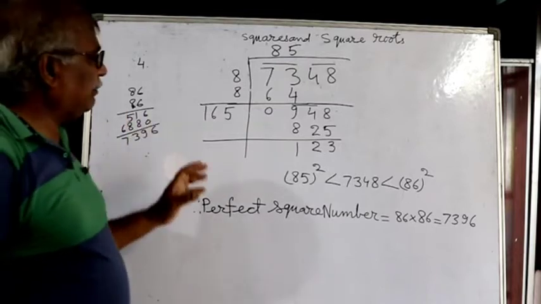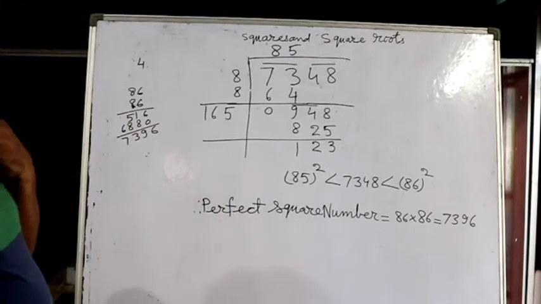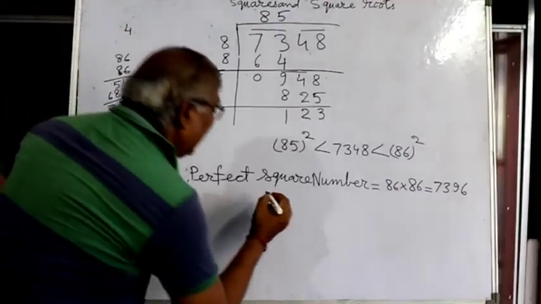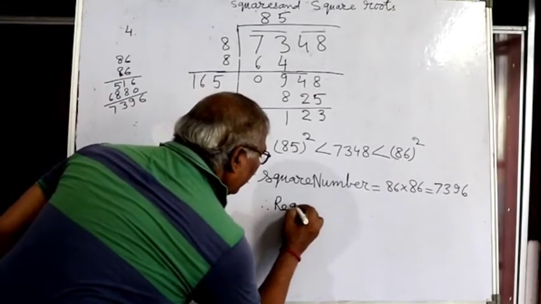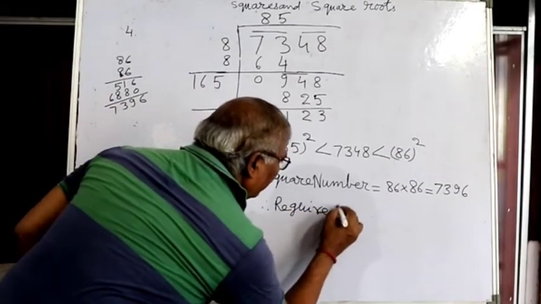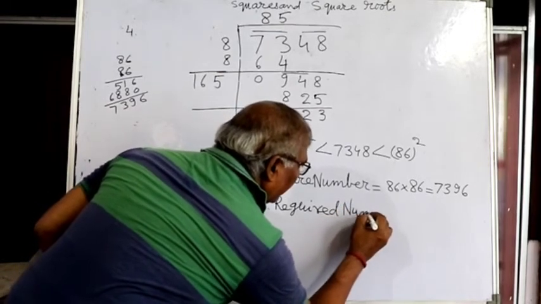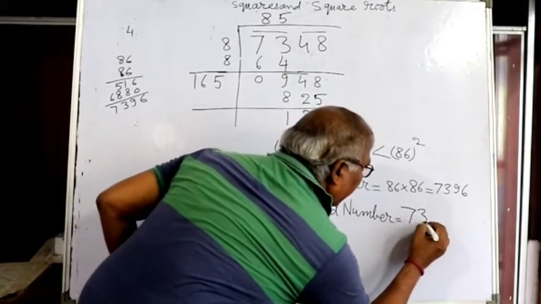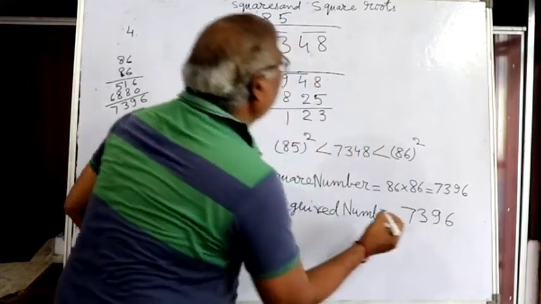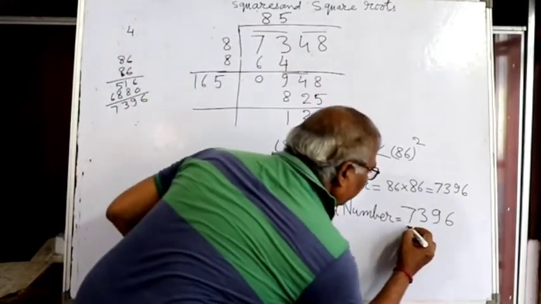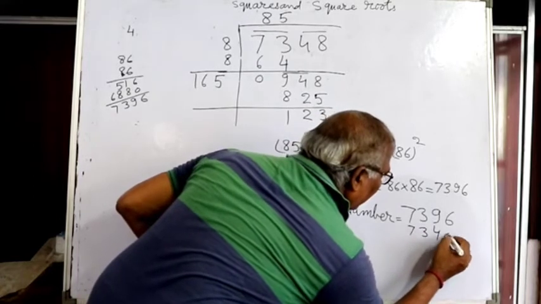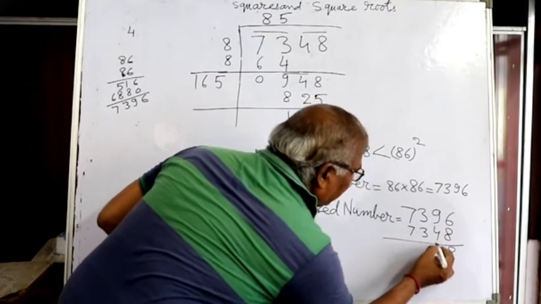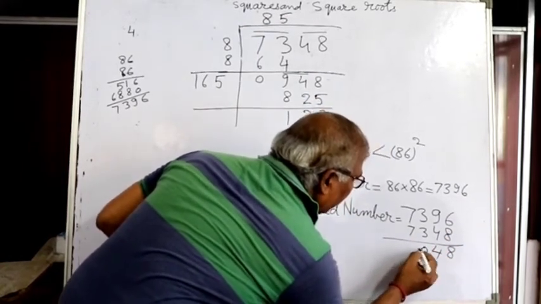So what must be added? So the required number is equal to 7396 minus 7348. 16 minus 8 is equal to 8 and 8 minus 4 is equal to 4, 0, 0.